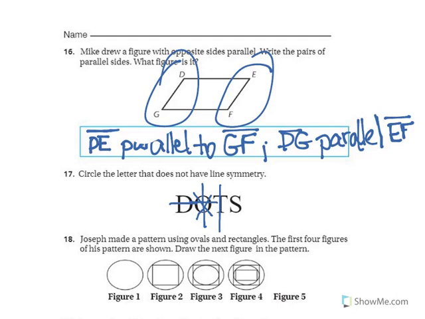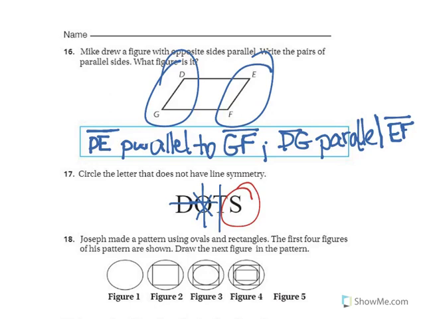And the letter S, when split, it looks like it will pair up, but it doesn't. They are actually going opposite directions, as well as if cut in the center, it does not have. So the letter that does not have a line of symmetry is S.